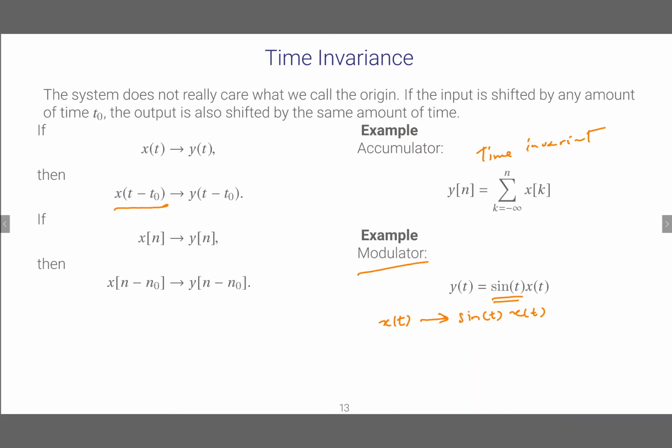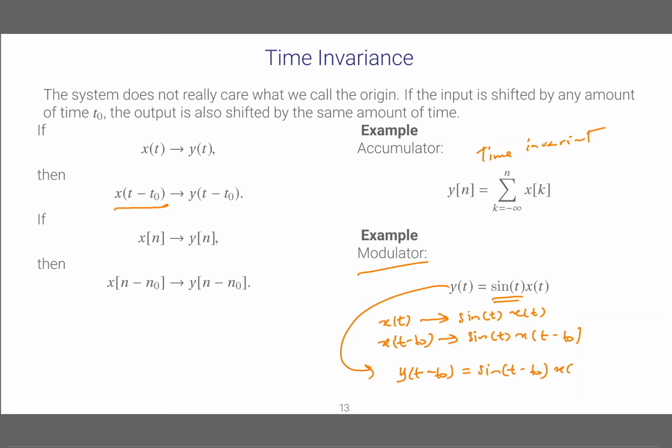So if you give the system x(t minus t naught), it produces sin(t) x(t minus t naught). But if you take this equation and shift, y(t minus t naught) is equal to sin(t minus t naught) x(t minus t naught). So you can see that these are not equal. Therefore, this modulator is not time invariant.